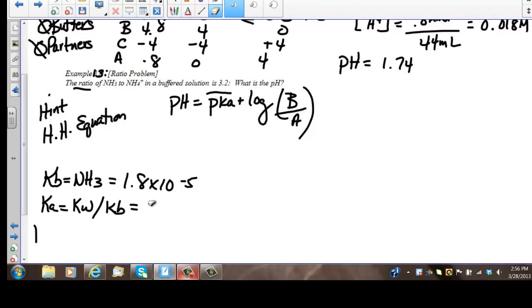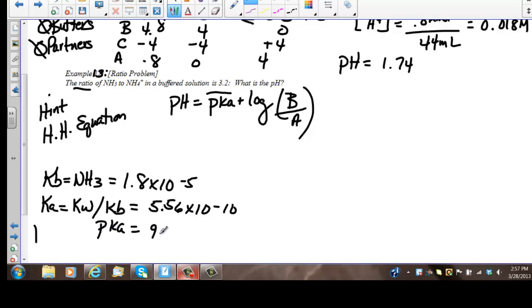So taking the Kw, dividing it by the Kb will give us a Ka of 5.56 times 10 to the minus 10. And then we need to take the negative log of that, and that's going to give us 9.255. So that's going to give us a pKa equal to 9.26.